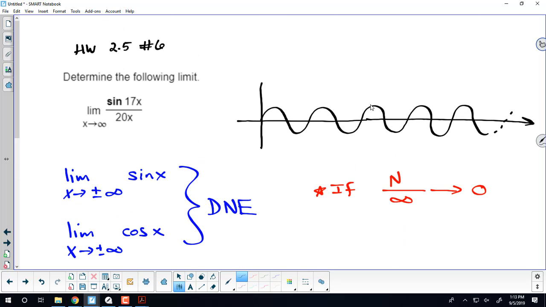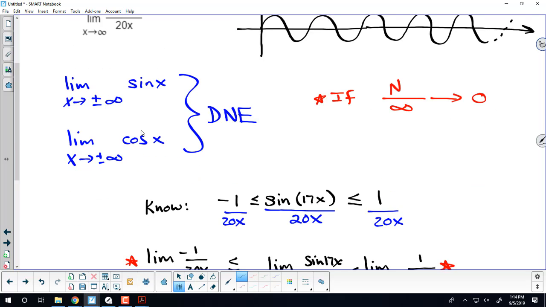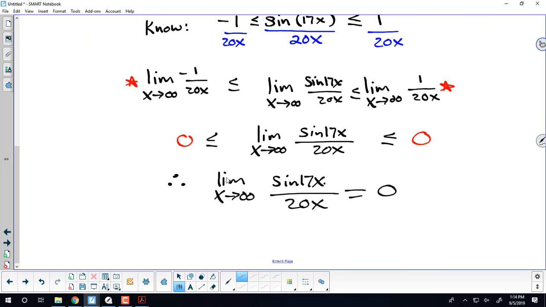This was the graph for just sine, by the way, not the function. When we look at the limit as x approaches infinity on any function, what are we determining? End behavior. What happens at the end? So what does this function do at its very end? We said that that function at its very end approaches 0. So the function way out towards the end is flattening out towards 0.